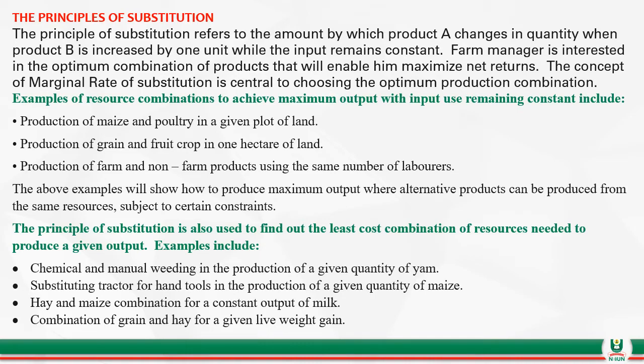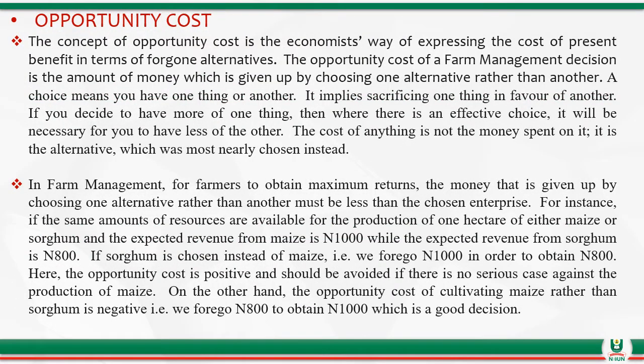There are other combinations. Then let's look at the concept of opportunity cost. Opportunity cost is the alternative forgone in either the consumption or production of a particular good. So the concept of opportunity cost in economics is the economist's way of expressing the cost of a present benefit in terms of the foregone alternative.